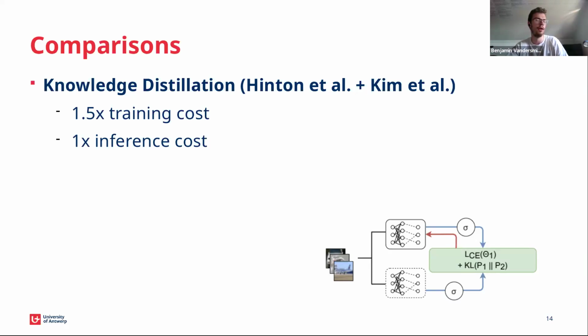network, which is pre-trained, and a student network, which will be trained to mimic the teacher network. Now, let's assume that this teacher network already exists, so that the training cost for the teacher network is non-existent because you have it somewhere, and that the training cost of the forward pass is roughly half of the training cost in total.